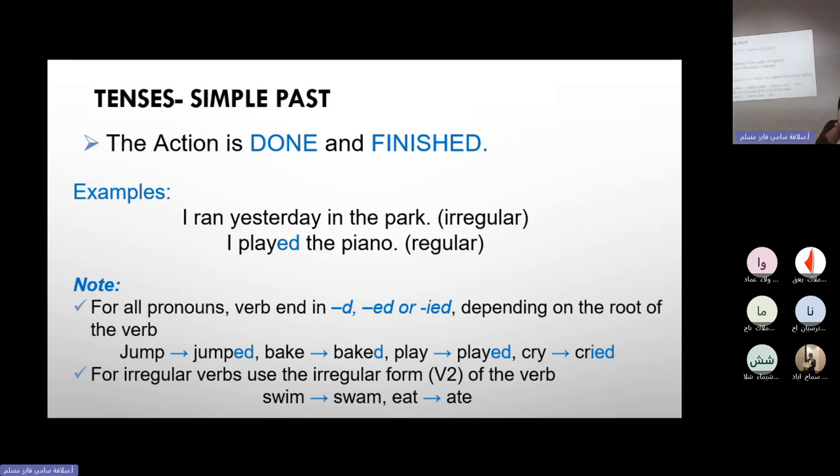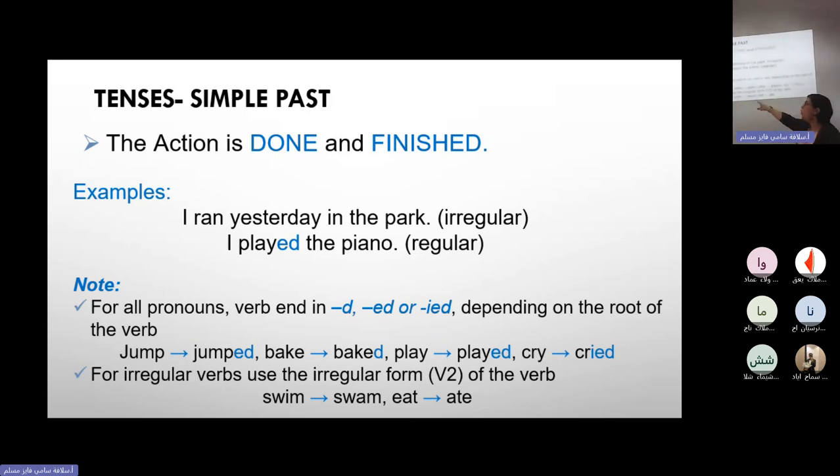I ran. اوكي؟ لأن إذا بتقولي لي I ran present، I ran yesterday in the park. يعني كانت regular. هذا من الأفعال الشاذة. الأفعال النظامية شو بتاخذ في الماضي؟ D أو ED أو IED حسب كيف بتنتهي. اوكي؟ So I played the piano. بعدني عم بلعب البيانو؟ No, it's something that is done and finished.